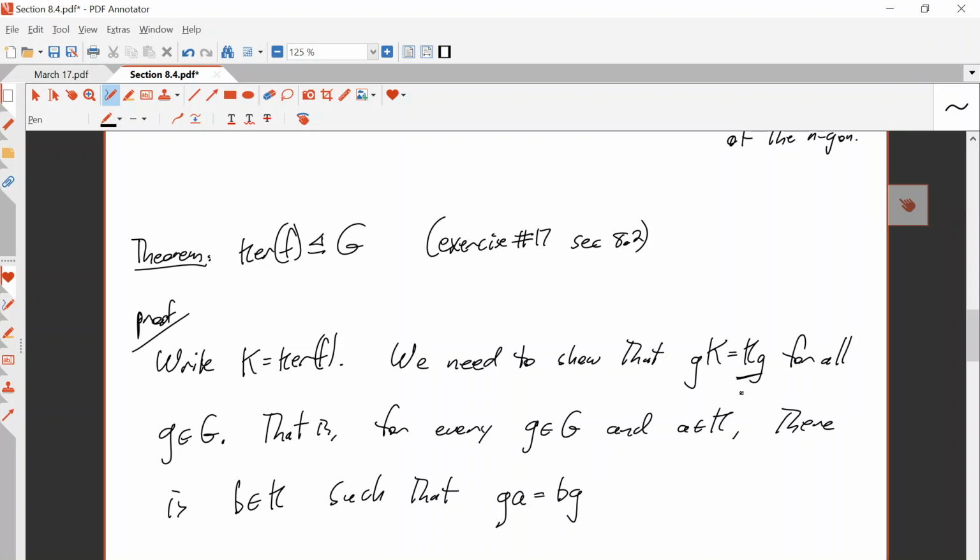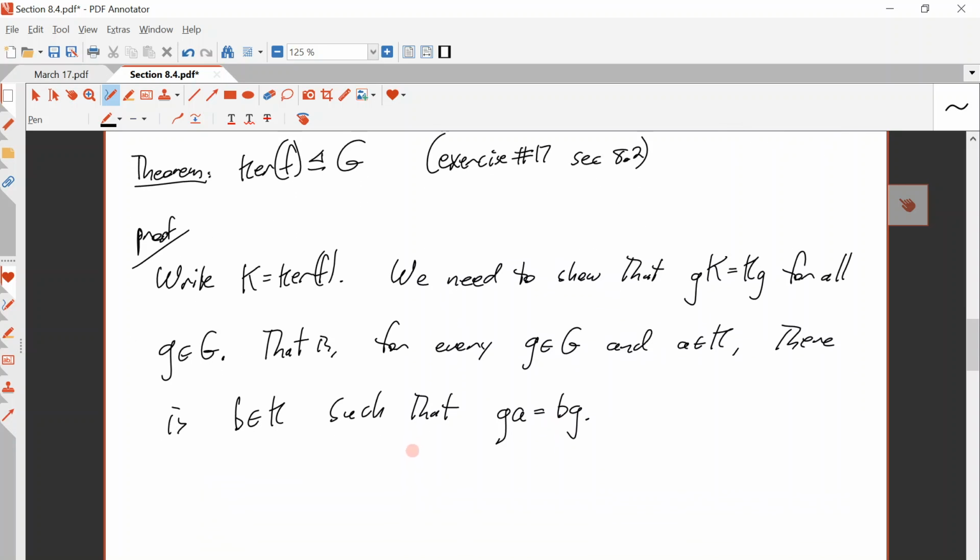Okay, that's all we need to show: for every g in G and every a in K, there is b in K such that ga equals bg. So not commutativity, but this pseudo-commutativity.